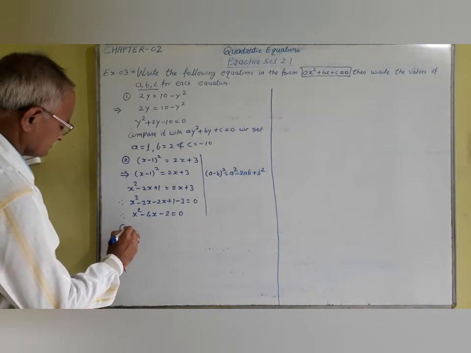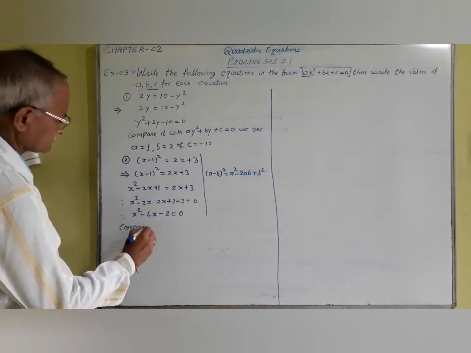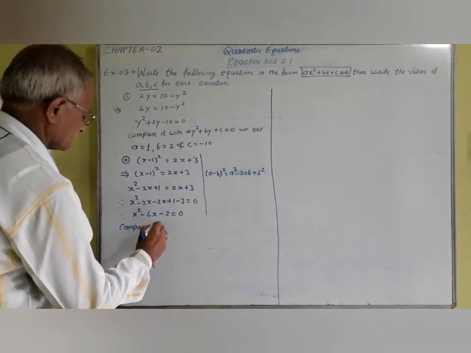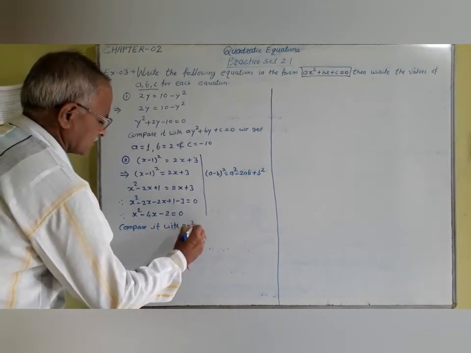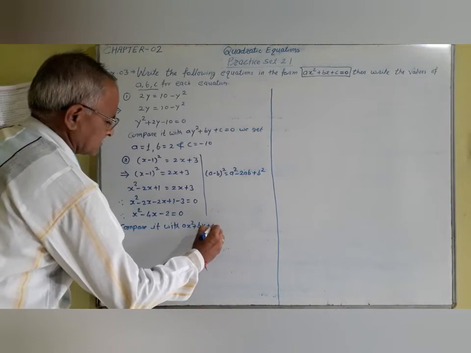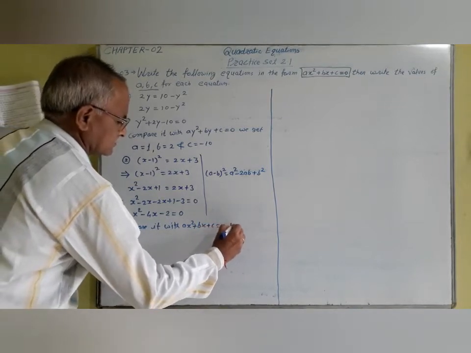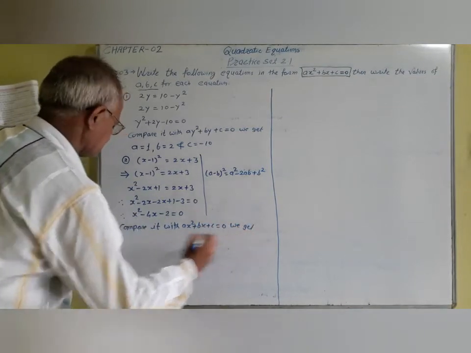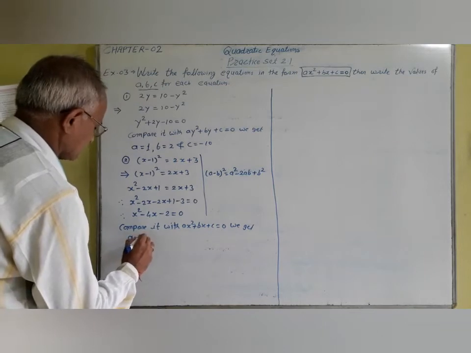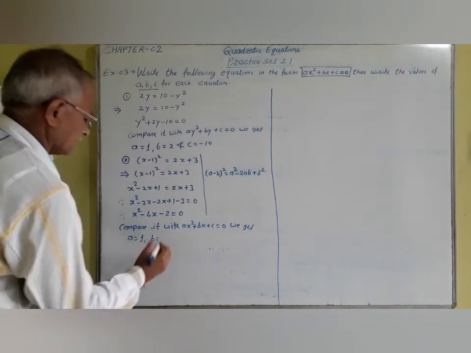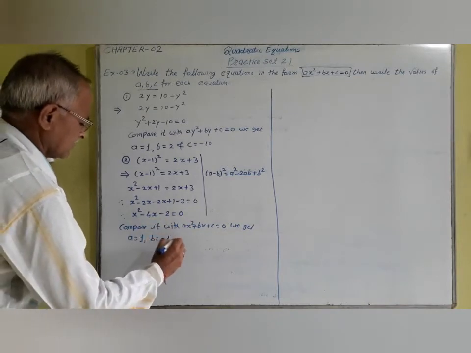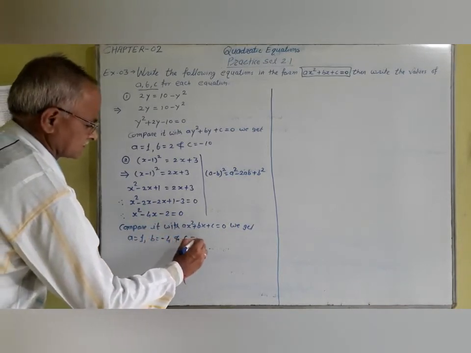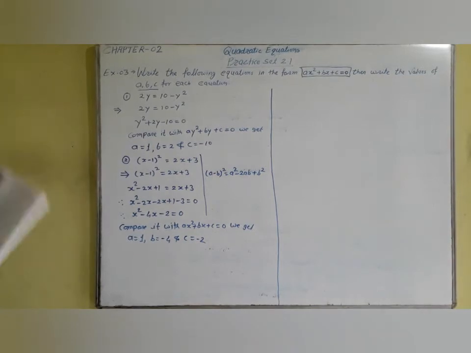Now compare it with ax square plus bx plus c is equal to 0. We get a is equal to 1, b is equal to minus 4 and c is equal to minus 2.